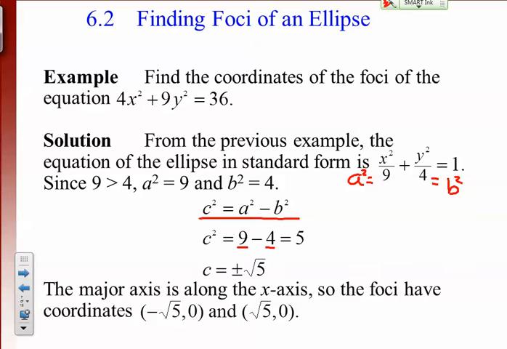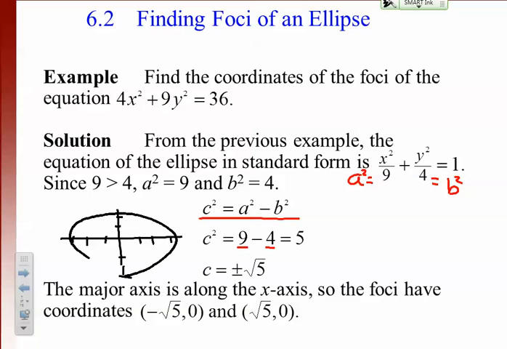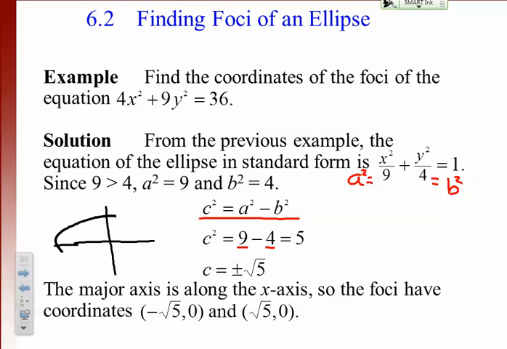So the focus points are always along the major axis, right? So the major axis on this one, 1, 2, 3, and 1, 2. Okay, that's not a very good ellipse. Let me try that one more time. I'm just going to draw it out.